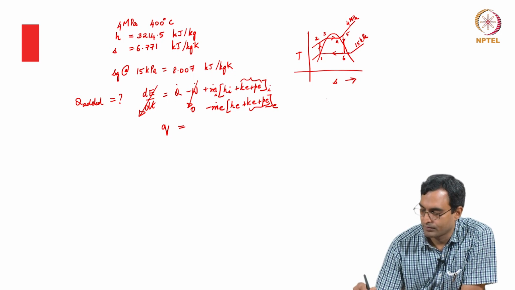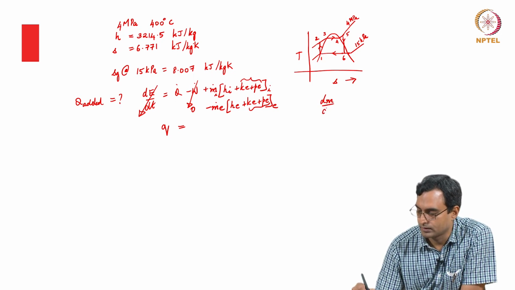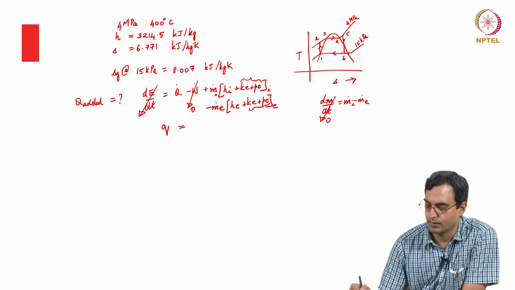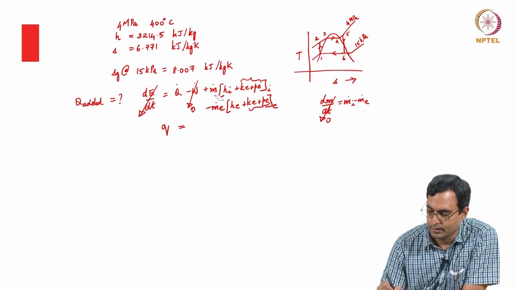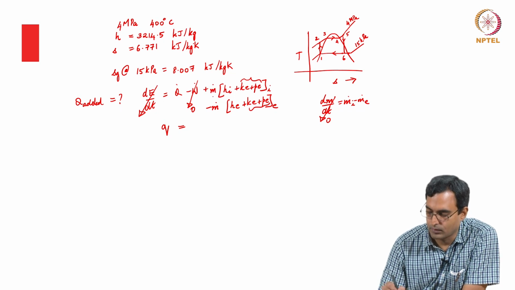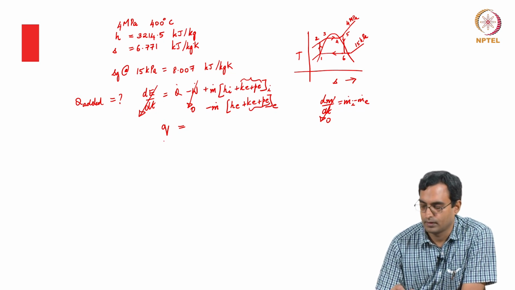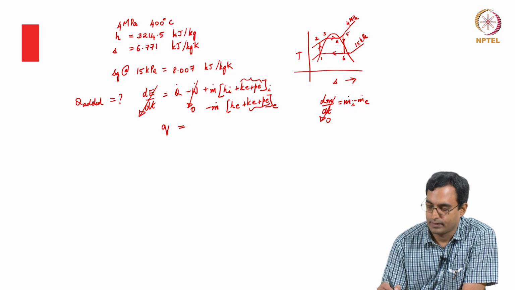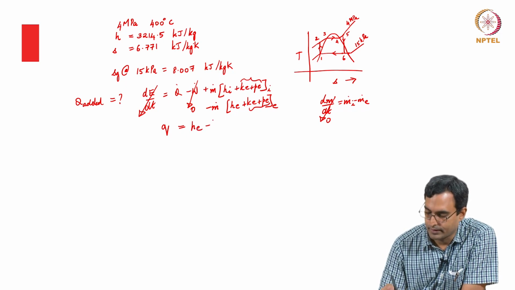From the conservation of mass, I also have this, and this is steady state. This is 0. m dot in is equal to m dot exit, some m dot, and then I can divide Q dot by m dot and get q. So, q is essentially enthalpy at the exit minus enthalpy at the inlet.